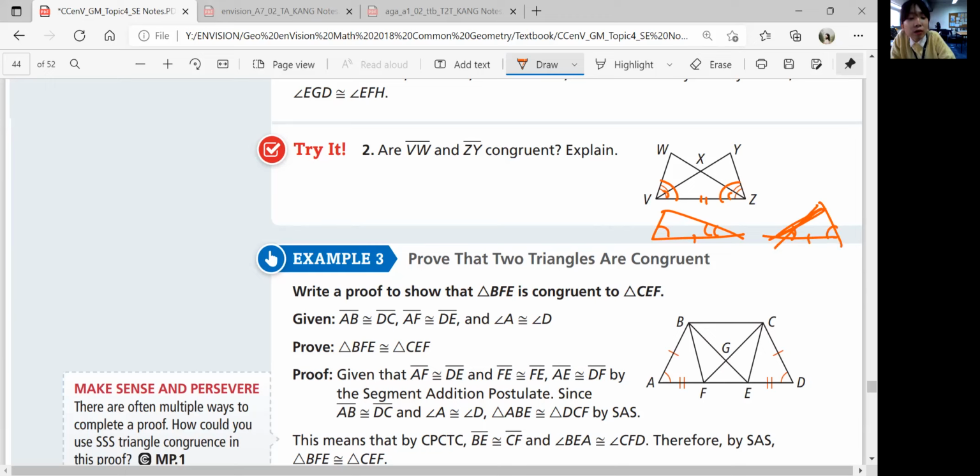The overlapping triangles are congruent. All right, so let's state what we have. WVZ congruent to YZV. VZ congruent to VZ by reflexive property.